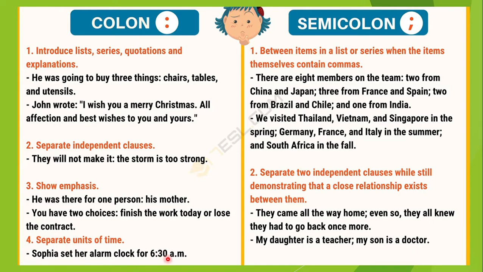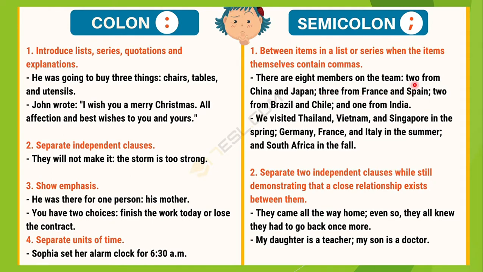Okay? So the semicolon again is used in between a list or series that also contains commas. For example, there are 8 members on the team: 2 from China and Japan, 3 from France and Spain, 2 from Brazil and Chile, and 1 from India. So I'm talking about the same thing, but I'm separating in different sets or in different series.